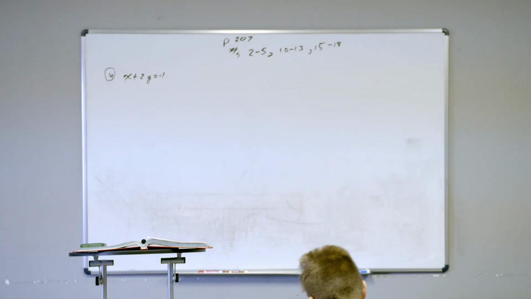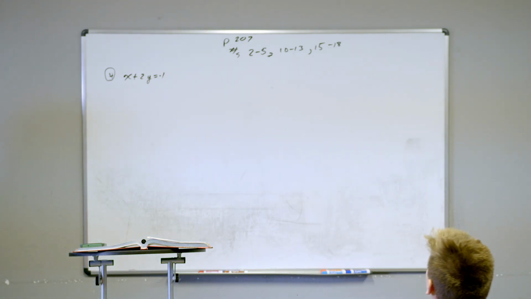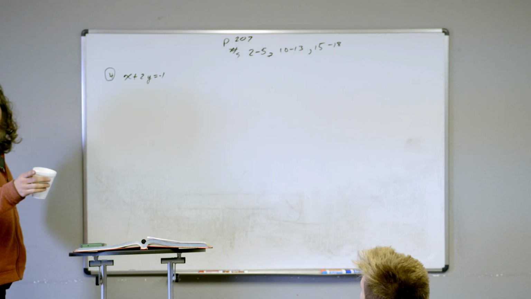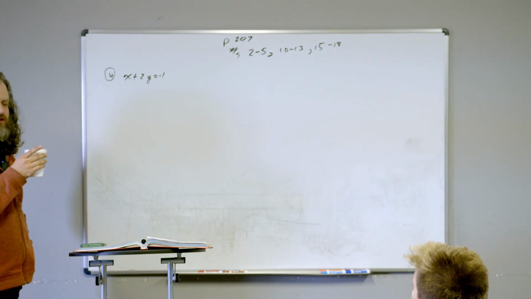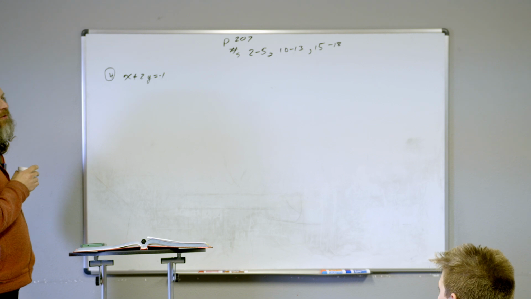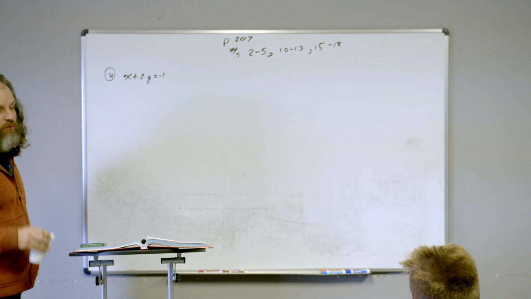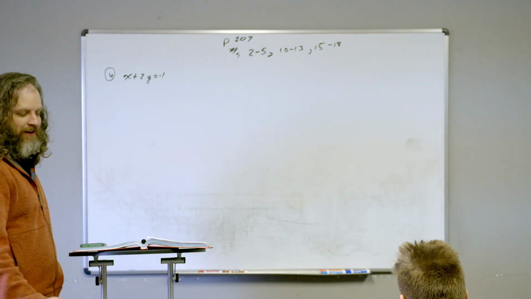No, we got to do something else first. Subtract 2y so that x and y are on different sides. So you do need them on different sides. Which one do we need to be all by itself, the x or the y? The y, because we want it in y equals mx plus b, right?